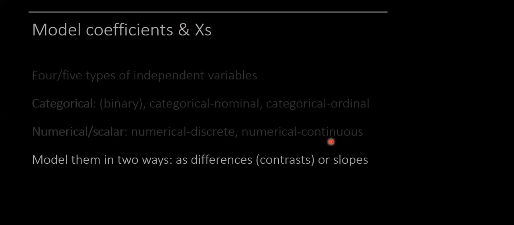Although the maths underlying it isn't really distinct, conceptually we can think of modeling them in two ways. For categorical independent variables, we're modeling things in terms of differences. For continuous or discrete independent variables, we're measuring the relationships as slopes, or trends, you might call it.